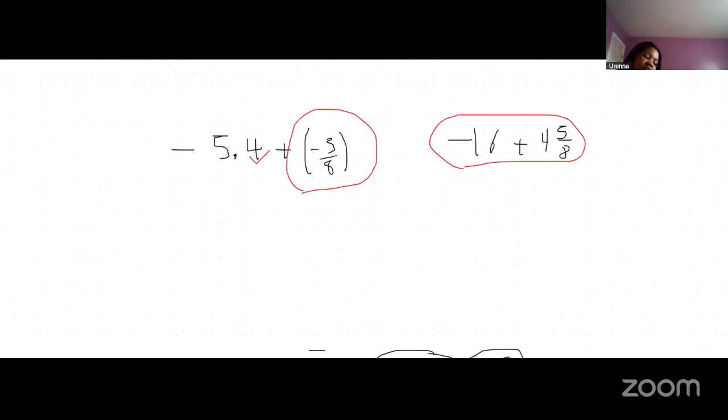I think I can do it. So what did you get? Wait, I'm not done. Negative 4, 5.